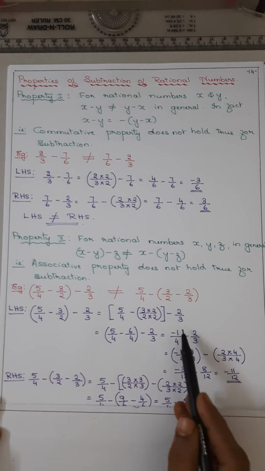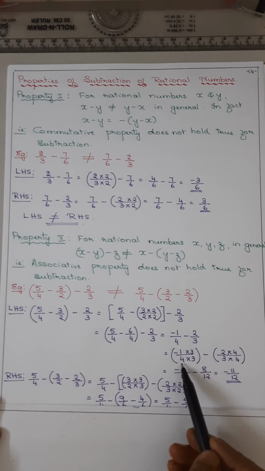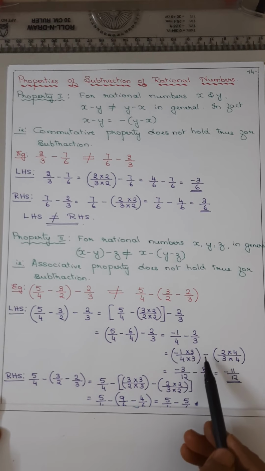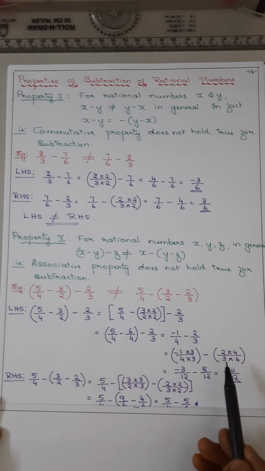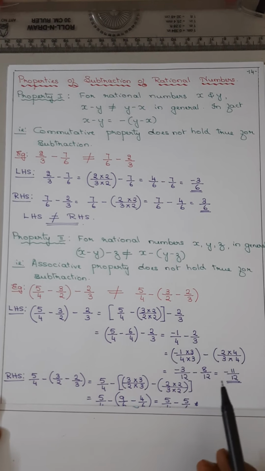So convert this into 12. So -1 by 4, 4 3s are 12, so multiply numerator by 3, minus 2 by 3, convert to 12, so 3 4s are 12, so 2 4s are 8.